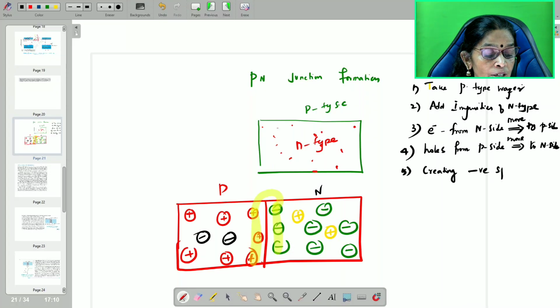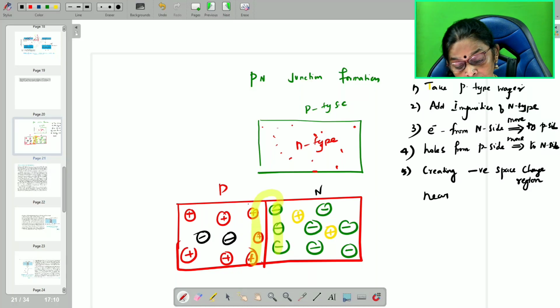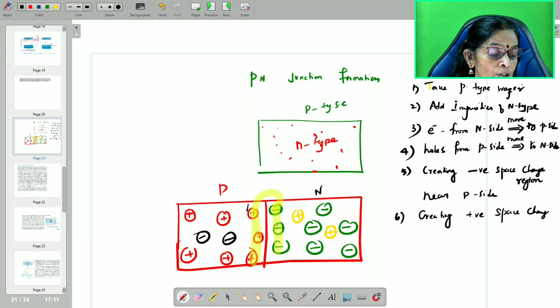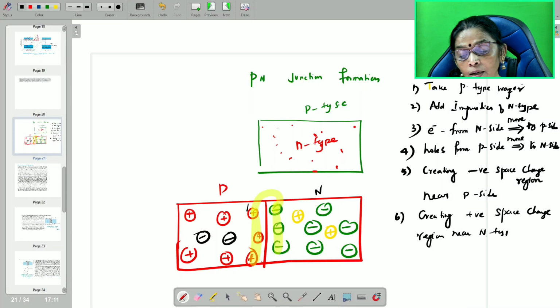Negative space charge region. Where? Here, near the p side. Then a positive space charge region, near which side? Creating a positive space charge region near the n side. So near the n side, a positive space charge region is created.